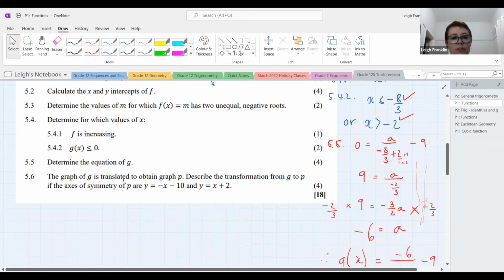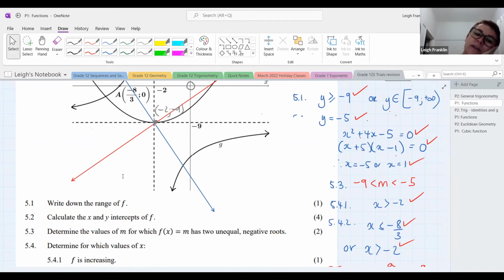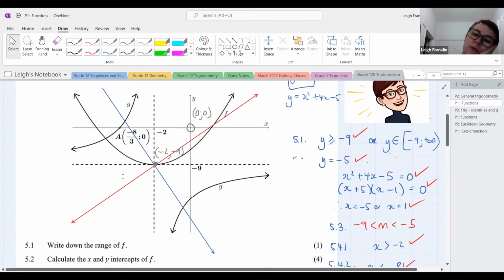Again, I'm going to let you look at the picture. The axis of symmetry with a negative gradient and the axis of symmetry with a positive gradient intersect at this new origin. They always do.